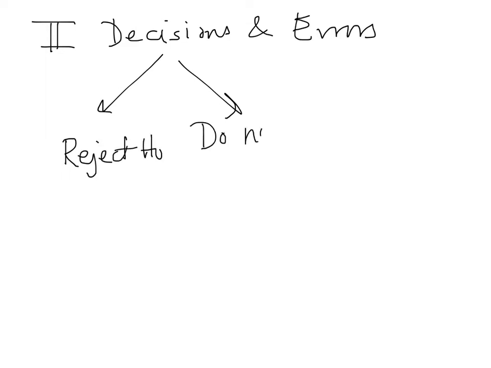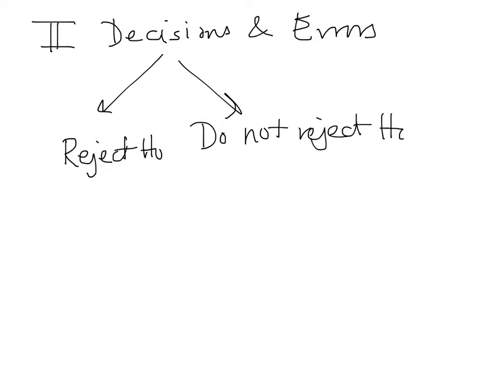Now, let's talk about that second part, decisions and errors. At the end, doing the testing, our decision would be either reject H naught or do not reject H naught.